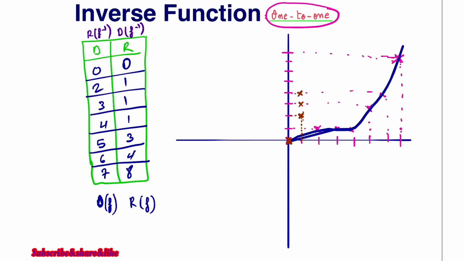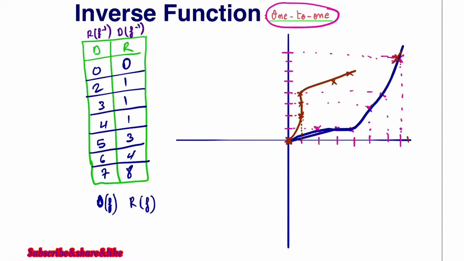And 3 is giving us 5, it's here. And 4 is giving us 6, here. And 8 is giving us 7, something here. So it's going to be something like this.